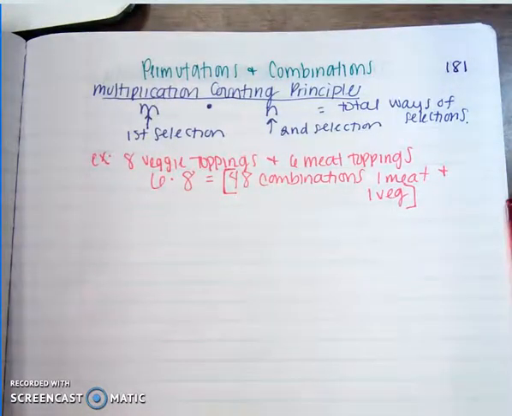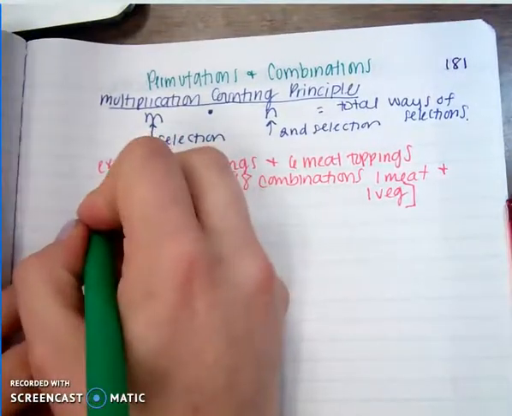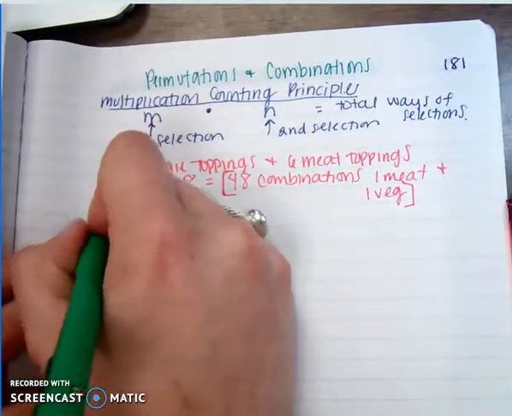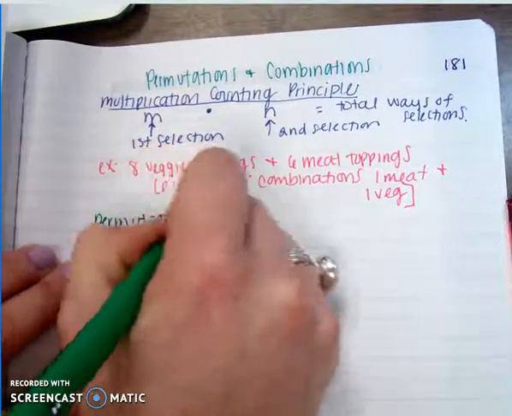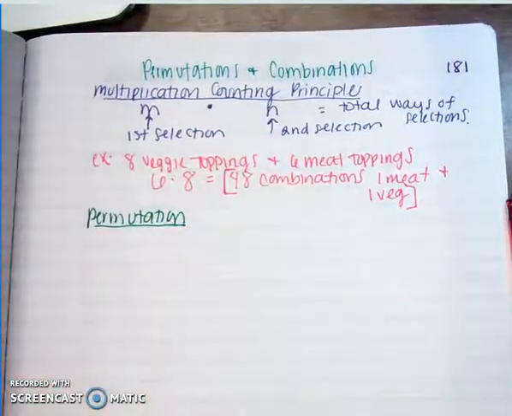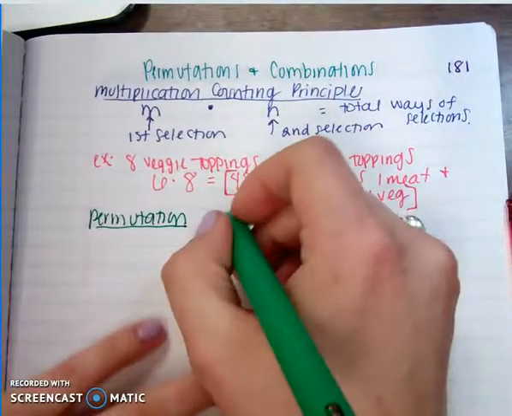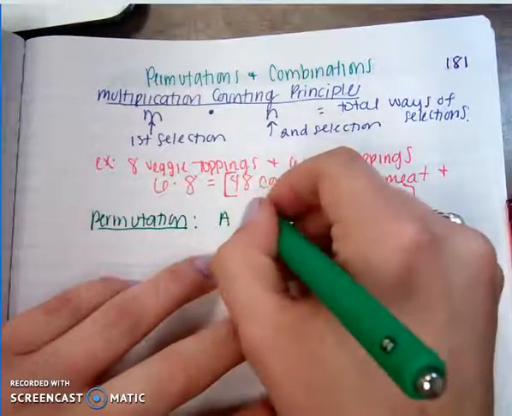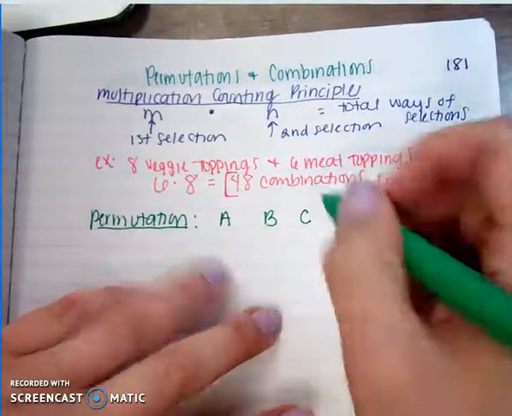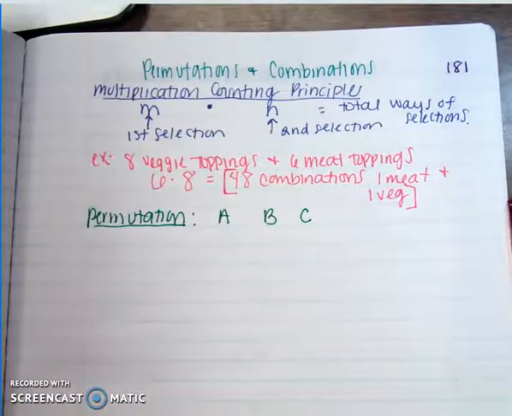That's combination. Now if we look at permutation, you have this vocab word. It's an arrangement in a specific order. So if I was looking at the specific arrangements for A, B, and C, I want to know how many there are.